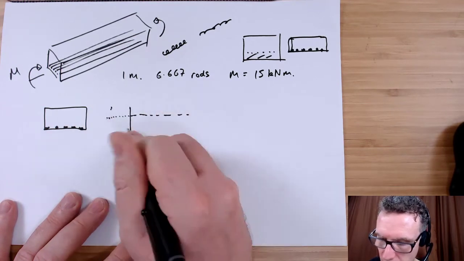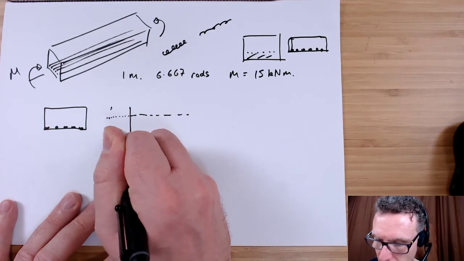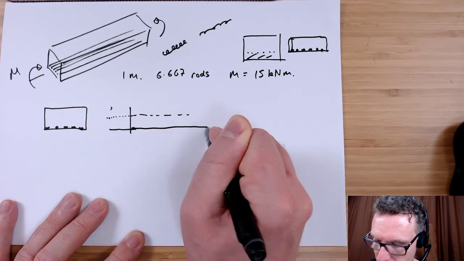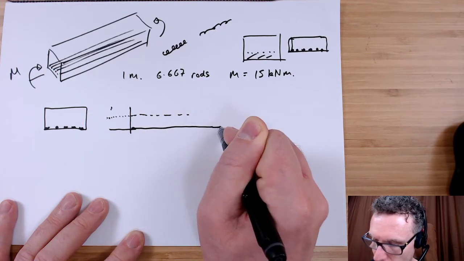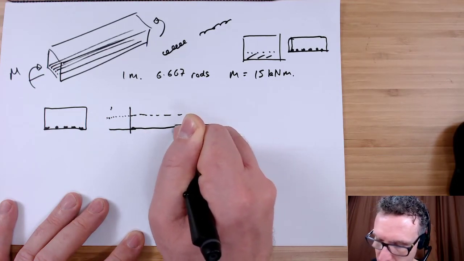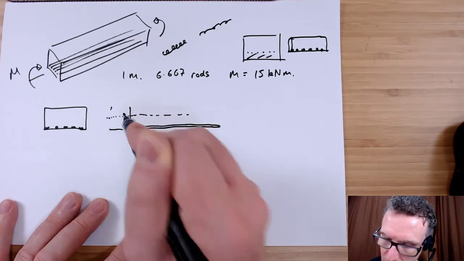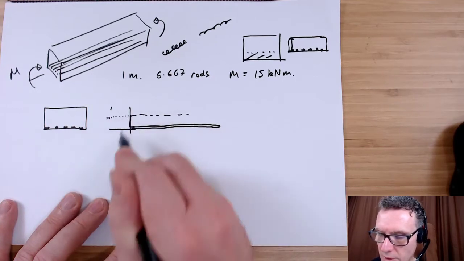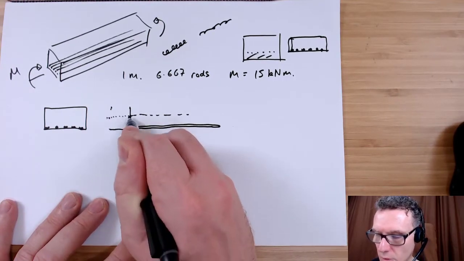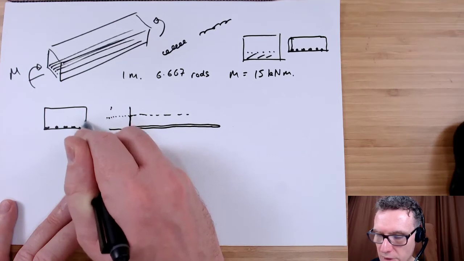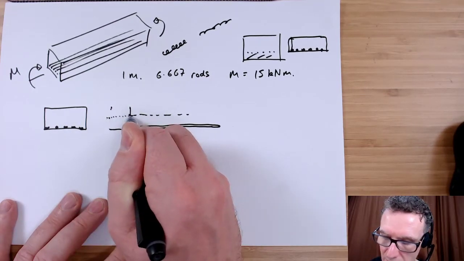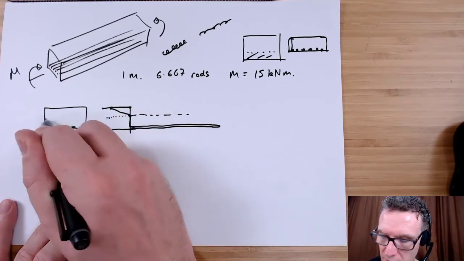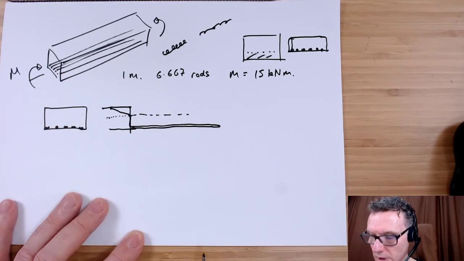zero. So here I'm going to imagine I'm going to have the stress go crazy where it's in the steel rods. Then I want the stress to basically stop at the neutral axis, and then drop nice and linearly in this homogeneous concrete section here.